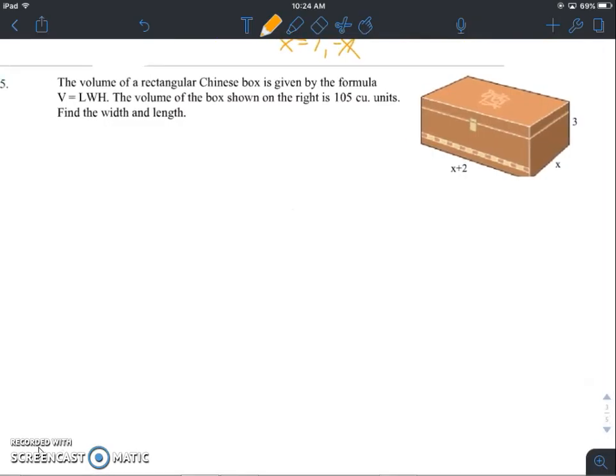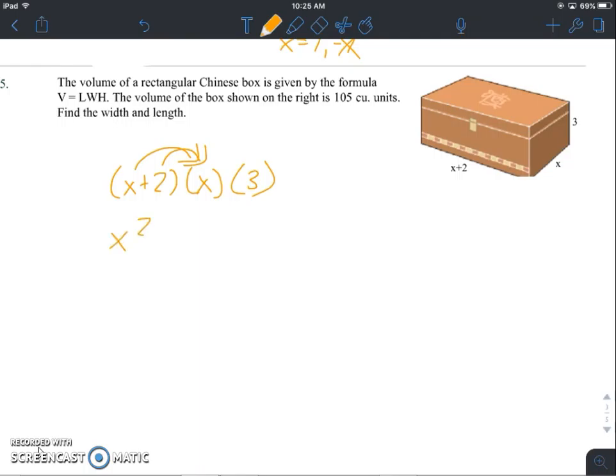The volume of a rectangular box is given by the formula volume equals length times width times height. The volume of the box shown to the right is 105 cubic units. Find the length and width. Alright, so kind of the same process. Multiply them all. I get x plus 2 times x times 3. Distribute.